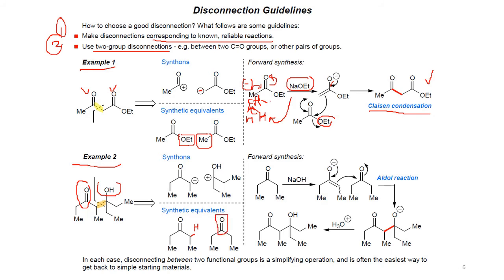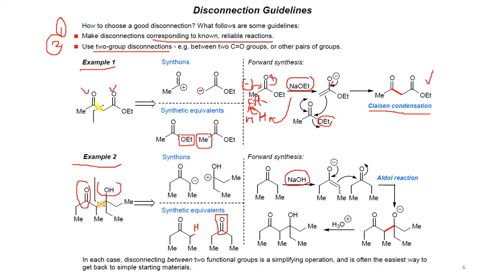The forward synthesis uses the aldol reaction. It is the same thing: the base abstracts the alpha proton, which becomes minus, and the electron from the oxygen minus moves to this bond.